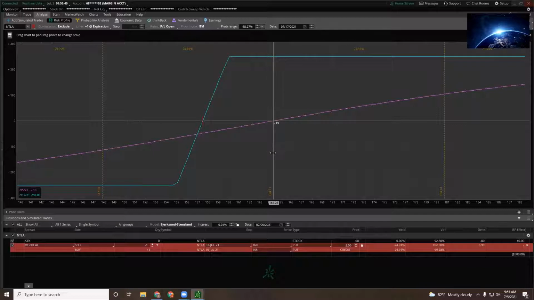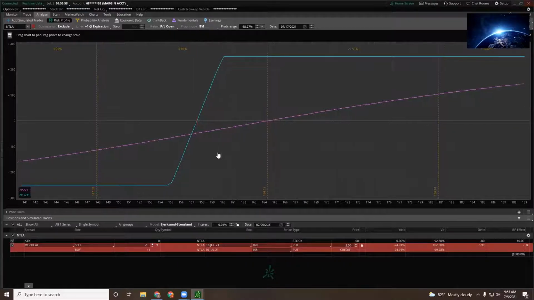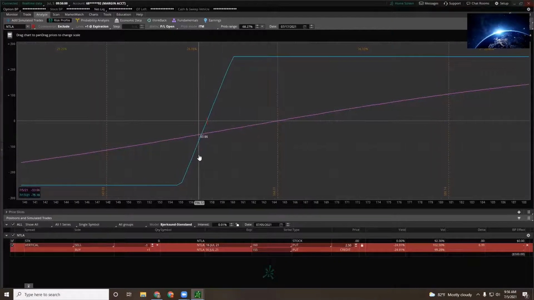So NTLA needs to fall below this current price for you to start losing money, and you start losing like $12, $14, until you get to your maximum loss of about minus 250 at expiration, which is the 17th of July, or $72 for that spread as it progresses.